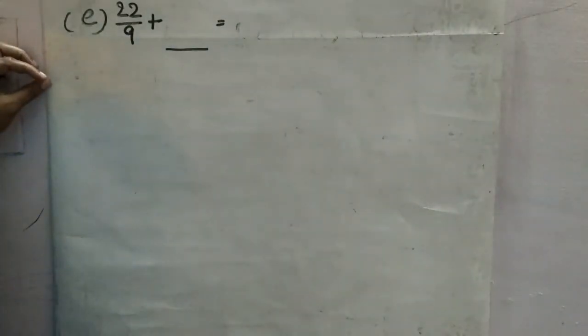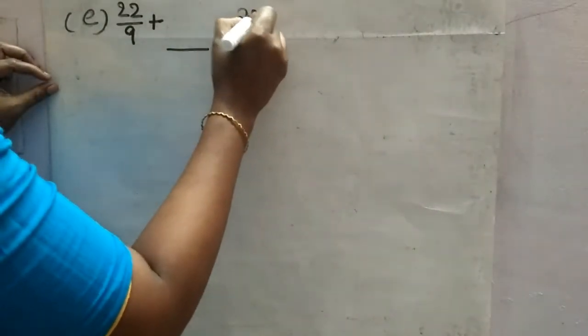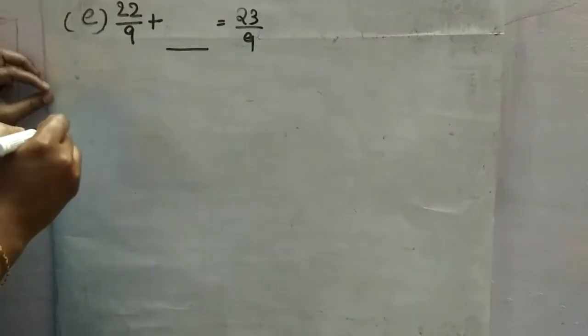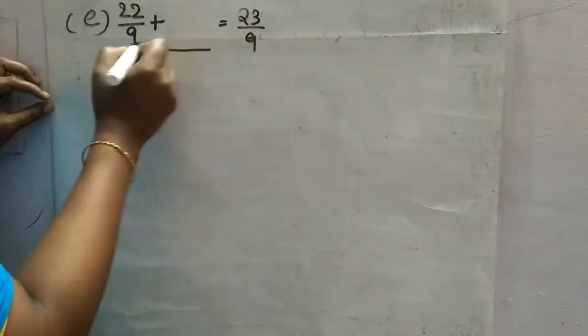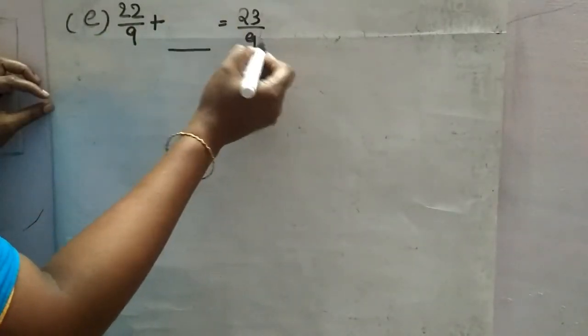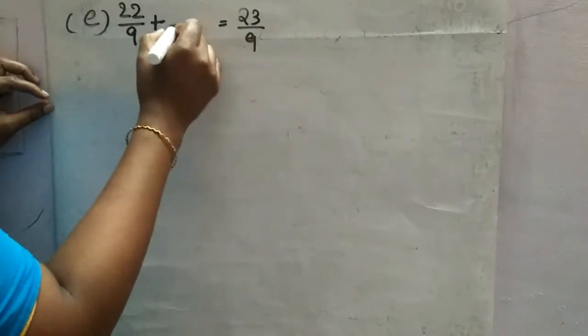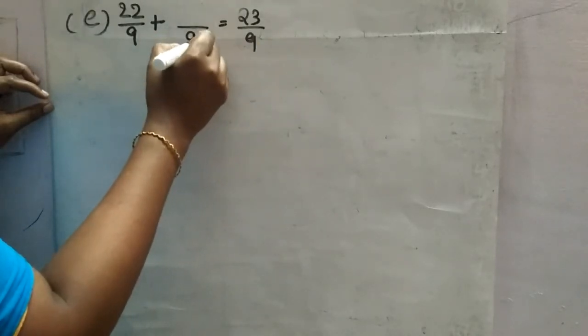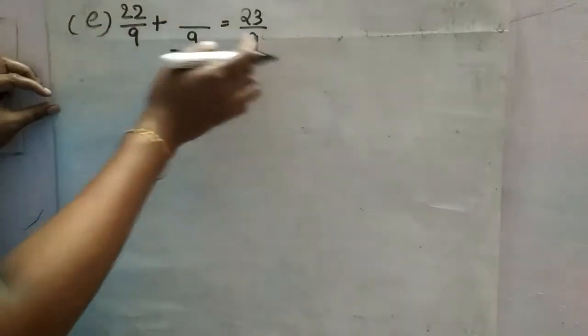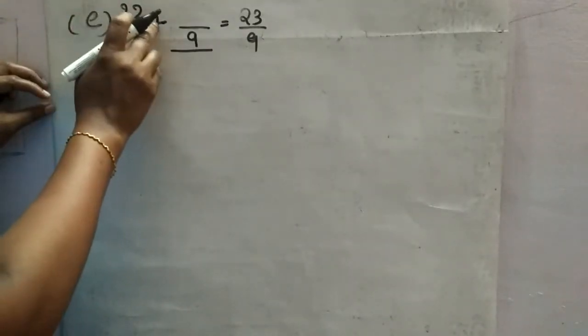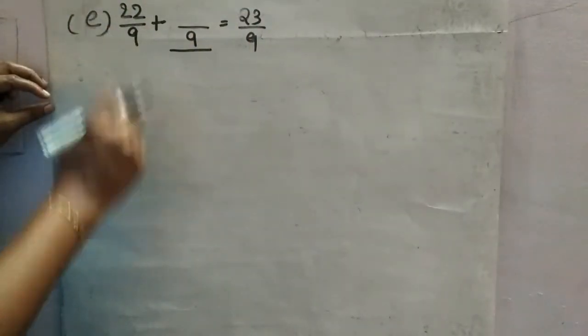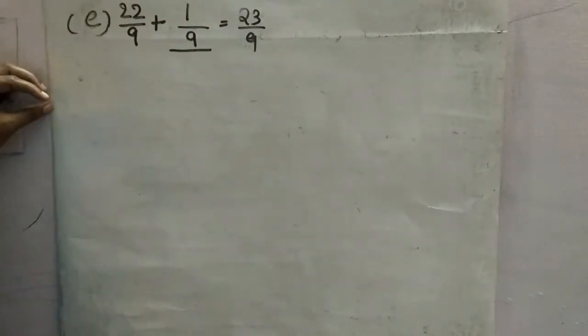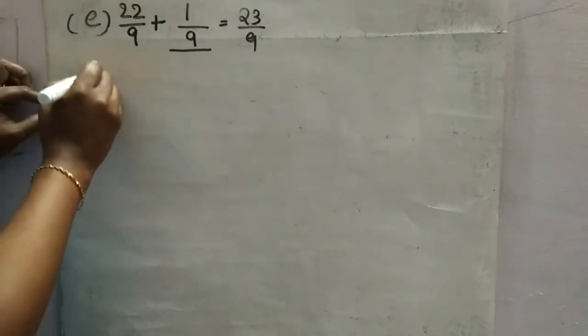Which is the missing number? How will you find it? We know that these denominators are the same. So we can write the same denominator. And 22 plus which number will give 23? Yes, we know that it is 1. So 1 by 9.